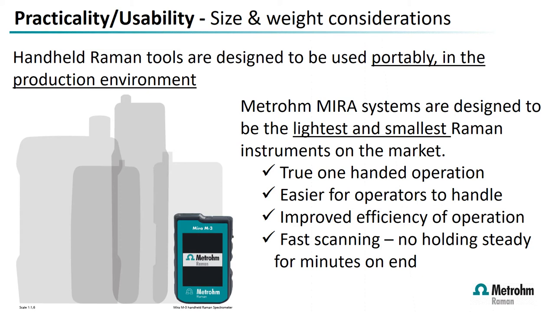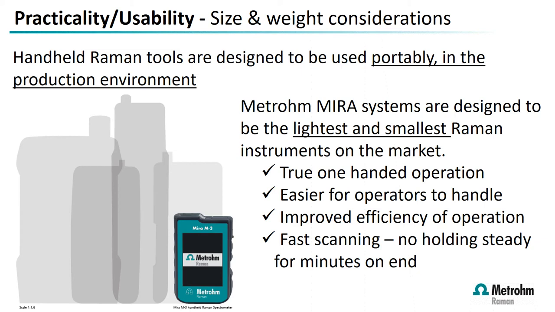So, practicality and usability: we need to consider size and weight. Handheld Raman tools are designed to be used portably in a production environment. Metrohm's mirror systems are the smallest and the lightest on the market. This becomes useful for the actual practicality of the operators using it. For instance, the system is truly one-handed, so you don't have to support a great weight.